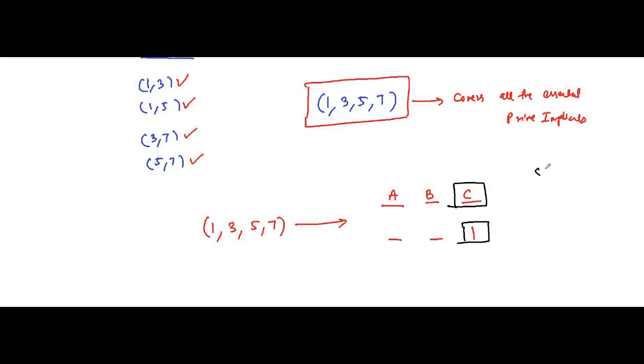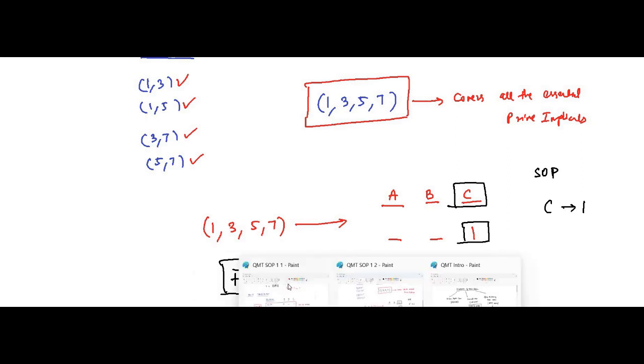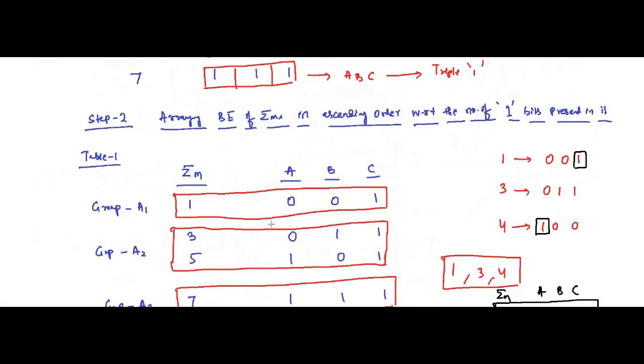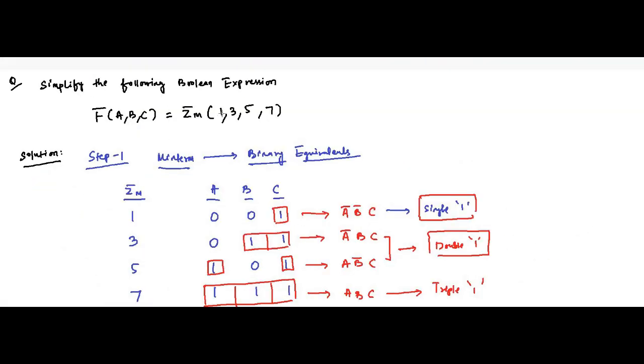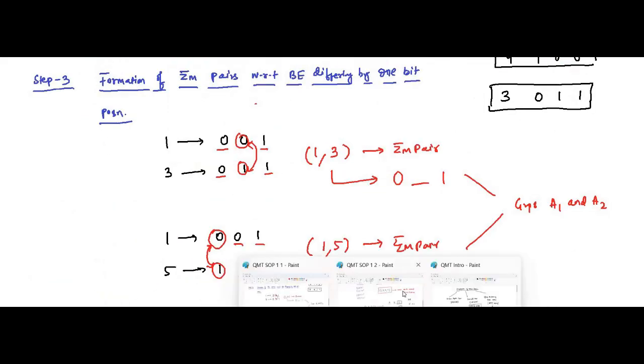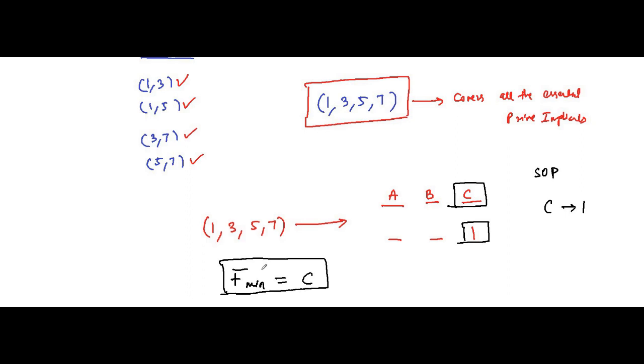And in SOP, the uncomplemented terms or variables, they are represented as 1. So here the final minimized Boolean expression will be C. Okay, for this given Boolean expression, which we had to simplify, F(A,B,C) is equal to Minterm 1357, the minimized Boolean expression is this, C.